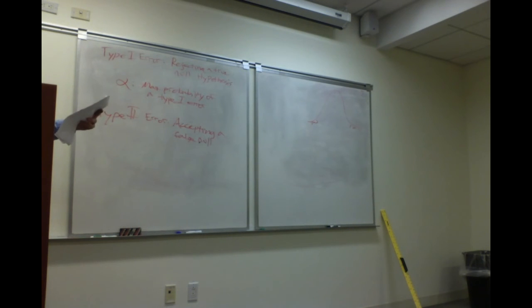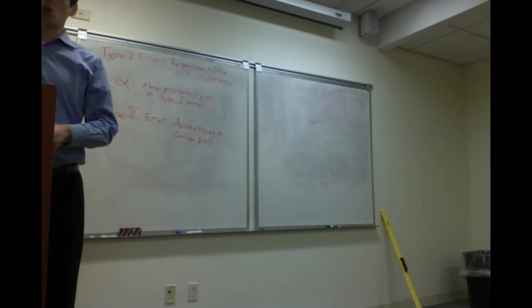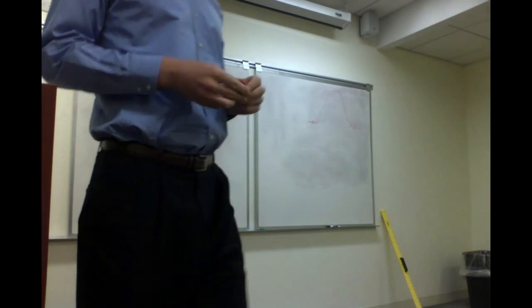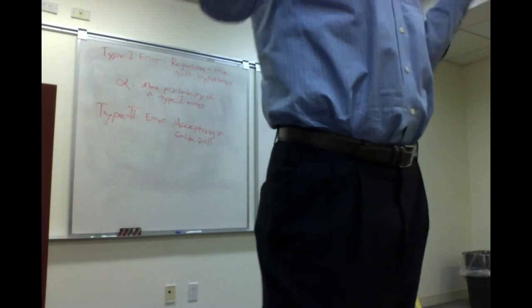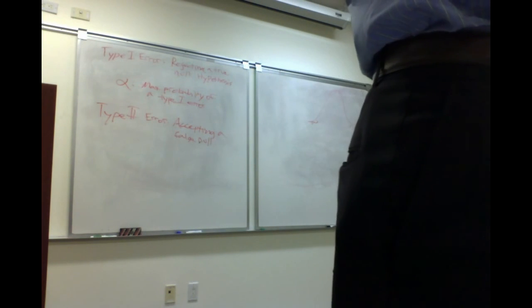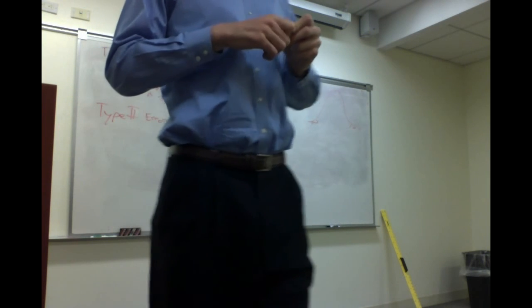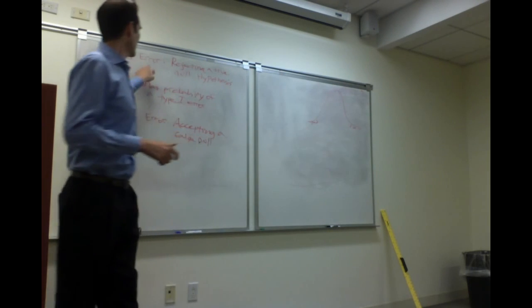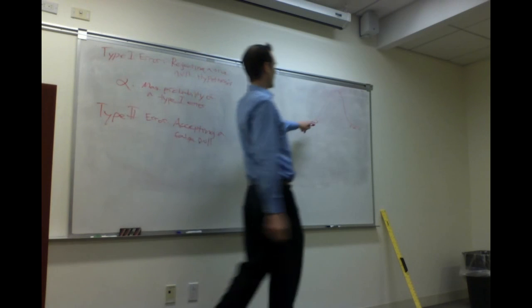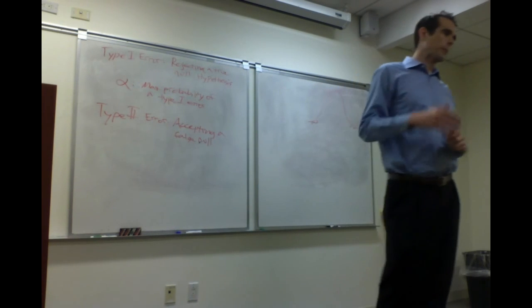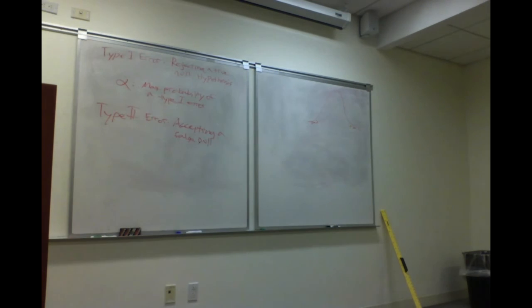And unfortunately, there's no real way to know the probability of making a type 2 error. We just don't know. It could be anywhere from 0 to 100. We know the probability of making a type 1 error because we can quantify the chances of getting something that extreme. But we don't know the probability of making a type 2 error.